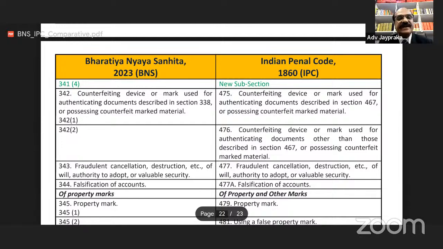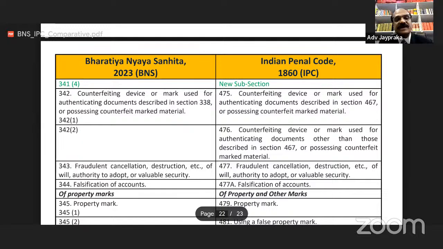342, counterfeiting device or mark used for authentication. Counterfeiting means to make a duplicate, to copy, with fraudulent intent, cheating intent, or some dishonest intent.